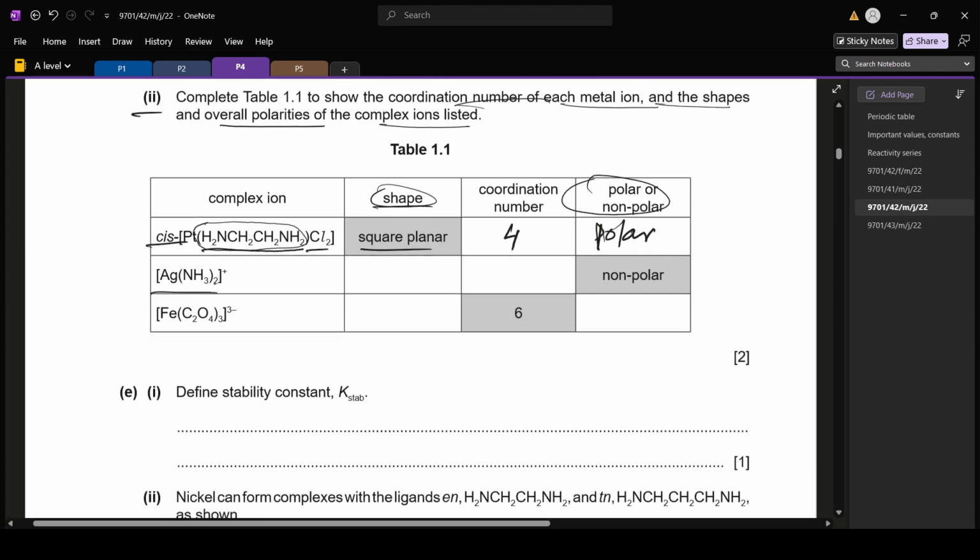Now there are two ammonia. Ammonia is a monodentate ligand, so the coordination number is going to be 2, and this is non-polar. What is going to be the shape of it? It's going to be linear, because there are only two ligands, so this will be like this.